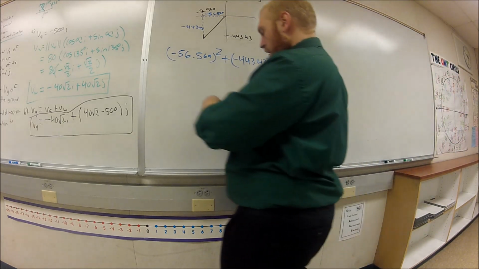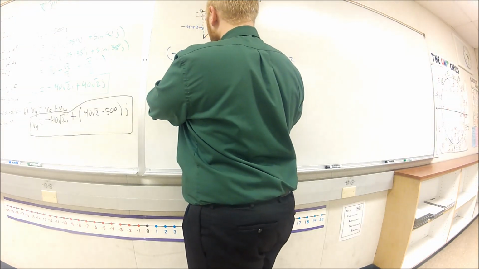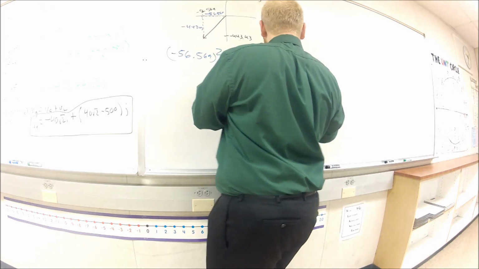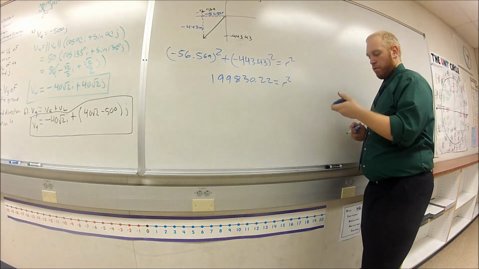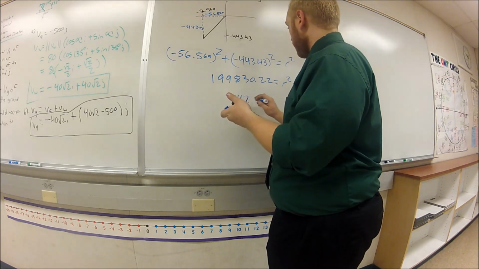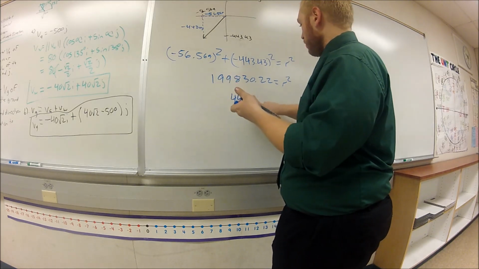Just to double check you're on the right track, I was getting something like 199,830.22 equals r squared. Take the square root. I was getting 447.02.